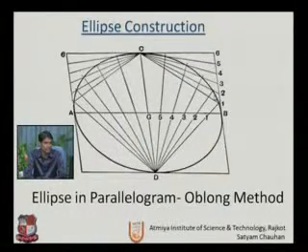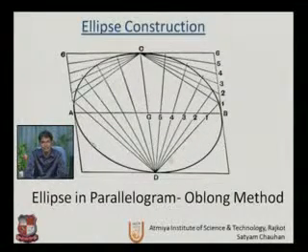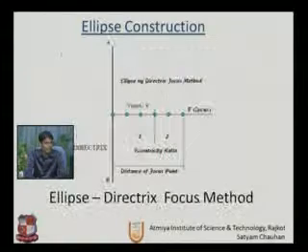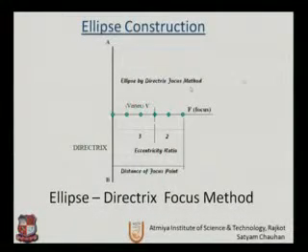So by the intersections we get these points, and by joining those points we get the ellipse in the rectangle, or say parallelogram. We have to repeat these steps on the other side, the below side, and we get the other half of the ellipse. So let us move on.